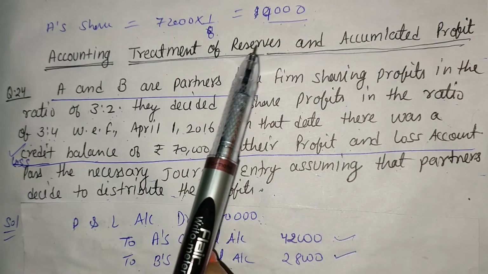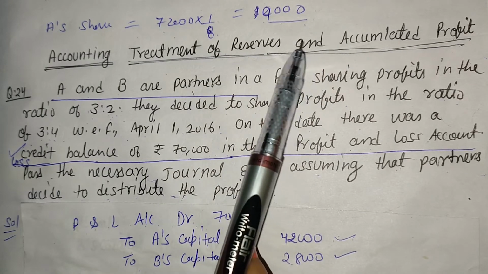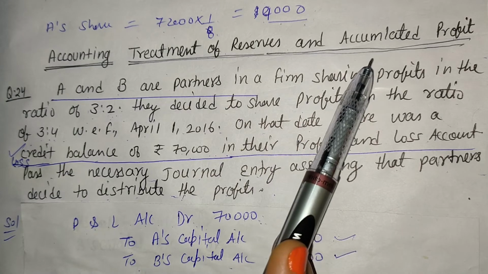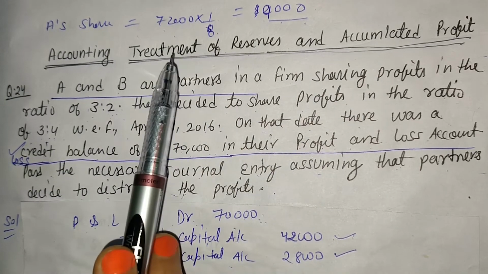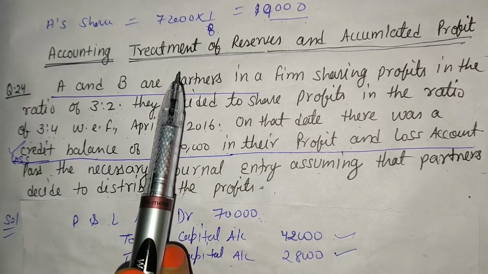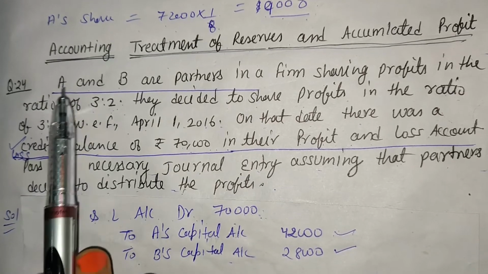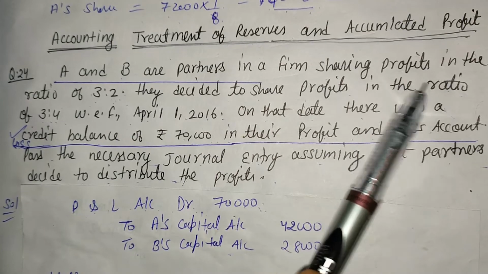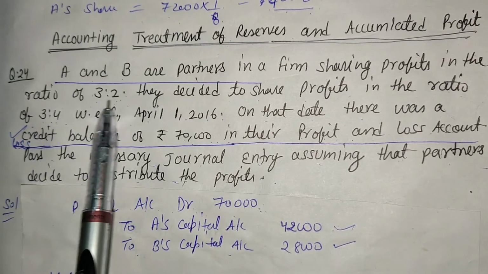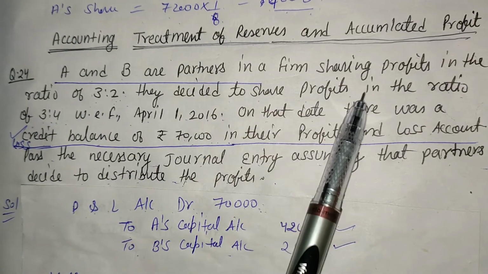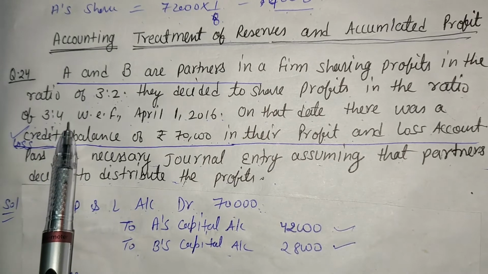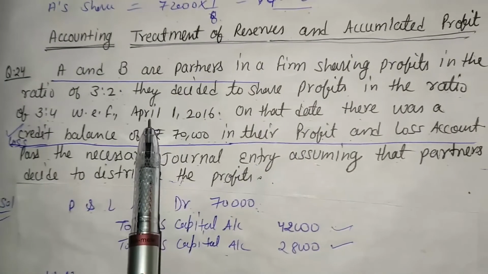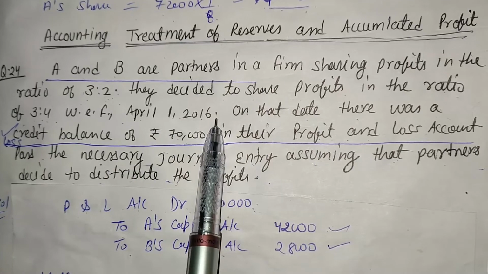Now come to the next topic, that is accounting treatment of reserve and accumulated profit. So reserve and accumulated profit are always distributed in the old ratio, and that topic we can understand with one more question. Here the question is: A and B are partners in a firm sharing profit in the ratio 3:2. They decide to share profit in the ratio 3:4 with effect from April 1st, 2016.